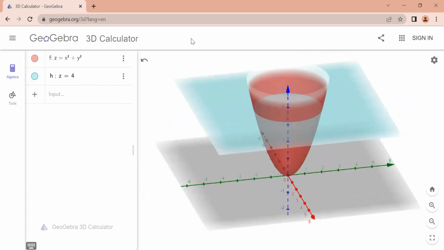You can see over here, when z is equal to 4, we are getting a similar circle, but the radius is larger when z is equal to 4. But the meaning of level curve is, we bring that z is equal to 4 back to this xy plane. So if I draw it like this, it's a circle on this xy plane.